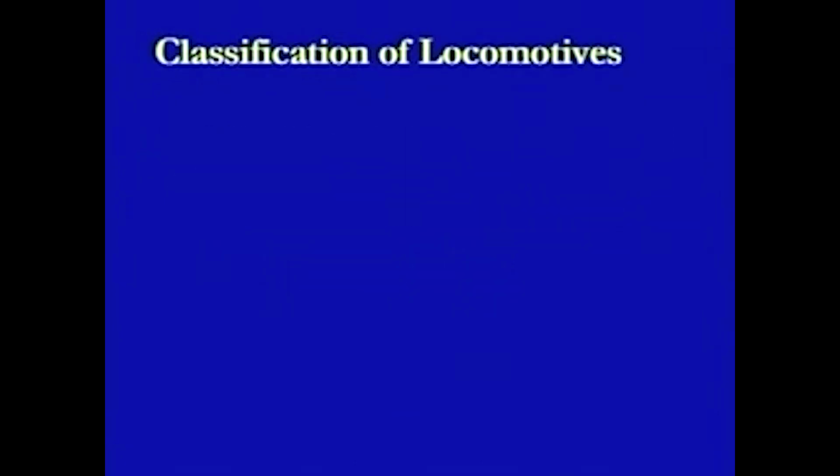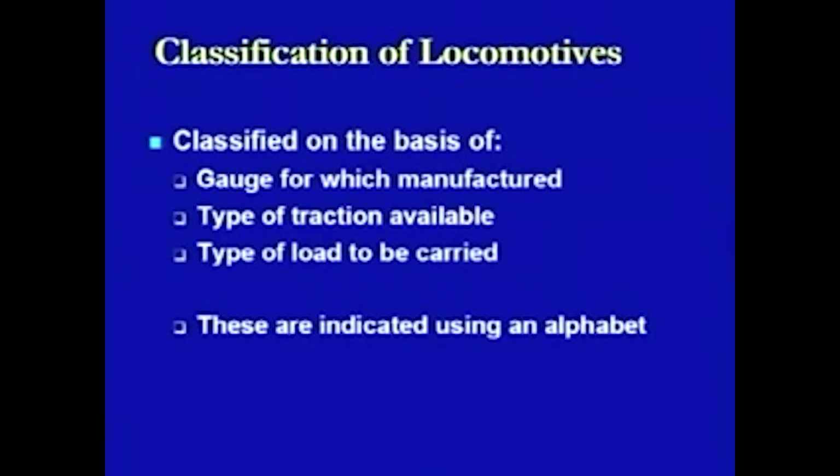Now we come to the last thing in this case, that is the classification of the locomotives. The classification of the locomotives is done on the basis of the gauges for which they are manufactured, the type of traction available, the type of the load to be carried, and based on all these conditions, they are indicated using an alphabet.